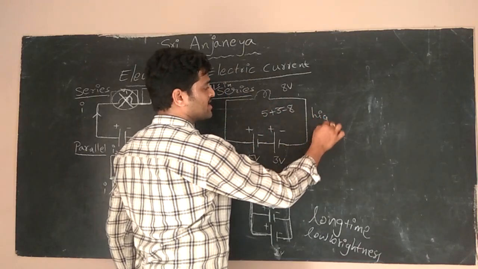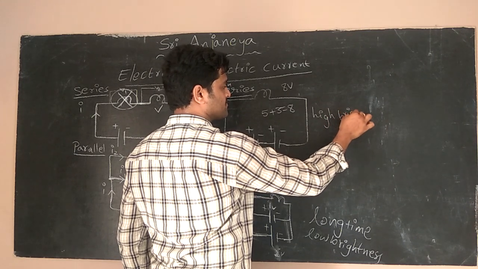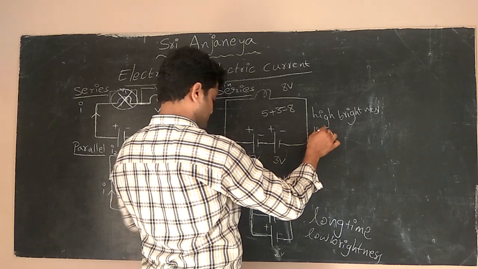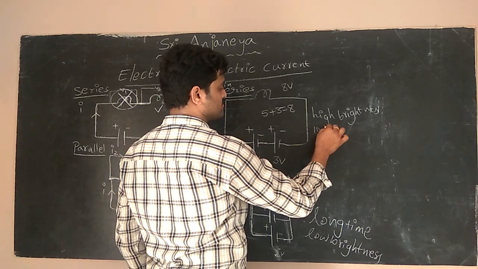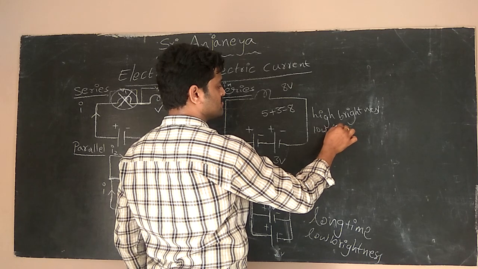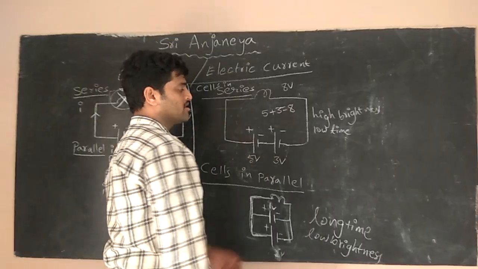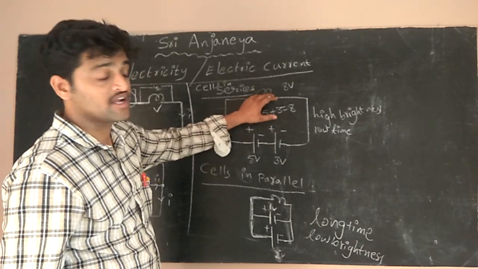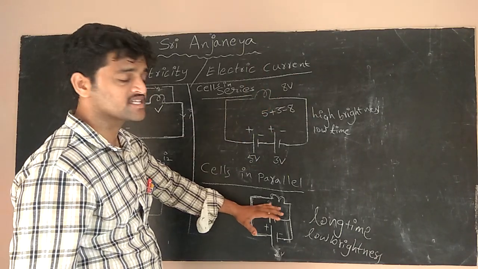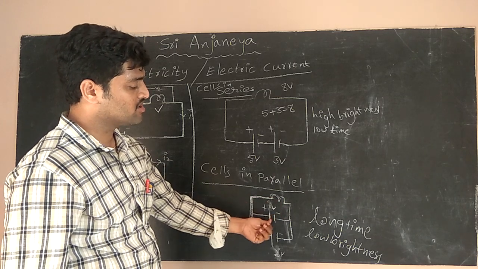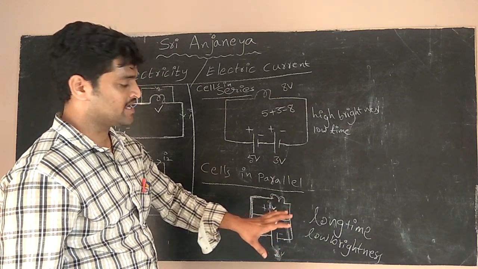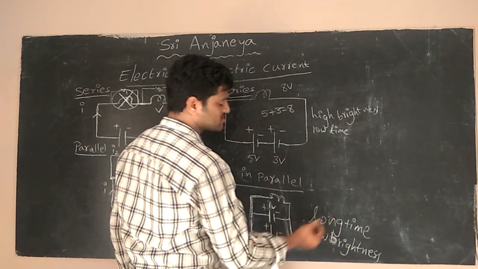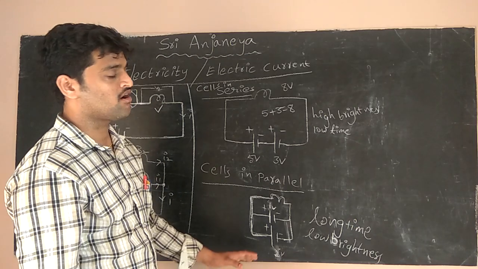Here, high brightness with low time. So the bulb glows for very little time, but it can glow with high brightness. Coming to this case, this bulb is glowing with low brightness, but the bulb will glow for a long time.